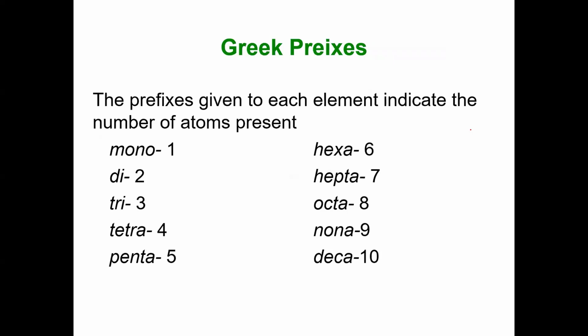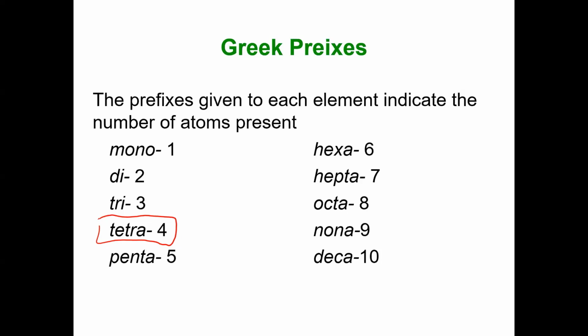So what are the prefixes? Mono, everybody knows that's one. Di, tri, everything makes sense except tetra. A lot of people think quad, like quadrilateral or quadrisect. But tetra, you could think of a tetrahedron. It's a four-sided figure. It's basically a pyramid with a triangular base, okay?